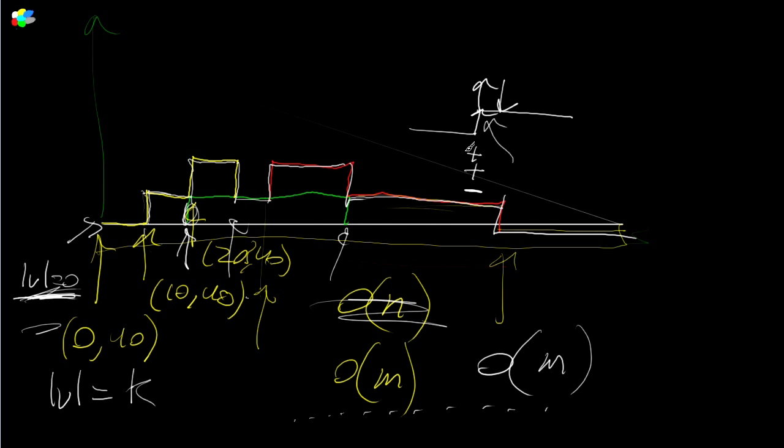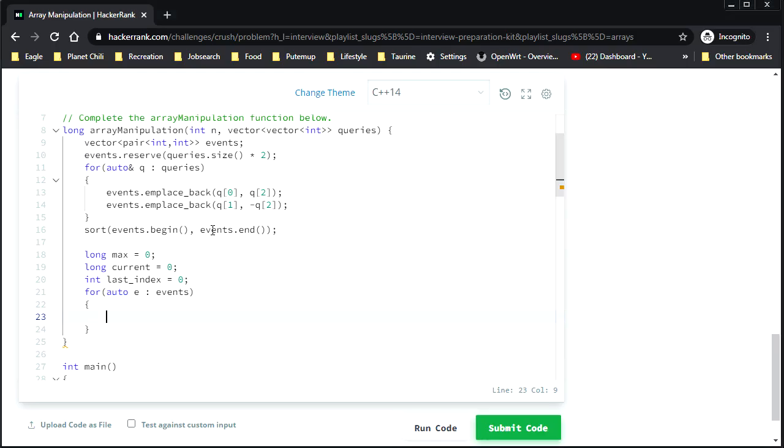However, if you were to just process the events individually without the context of them happening at the same time, you would detect this as your maximum, when really, at this time point, this should be your maximum. So what we want to do here is detect the case where multiple events are happening at the same time. So we use this last index to detect if the index has changed, and only update the maximum if the index has been updated.